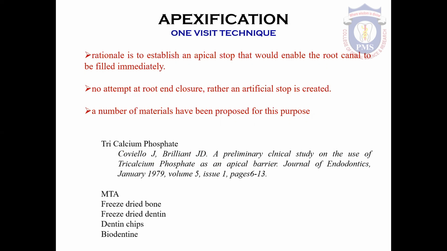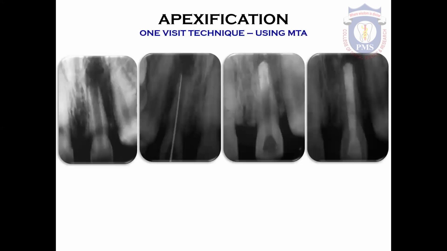Here, no attempt at root end closure is made; rather, an artificial stop is created. Even though many materials are proposed for this, the frequently used materials with high success rates are MTA and Biodentine.